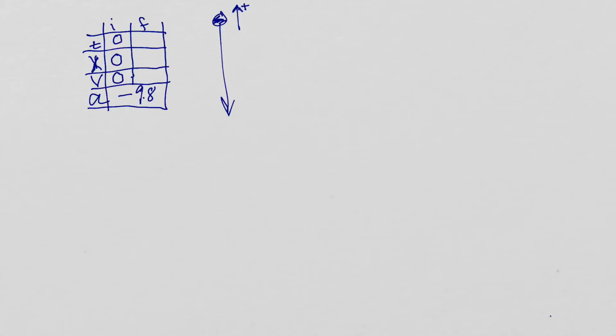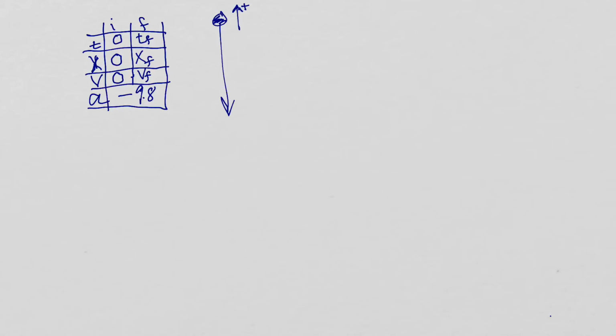Let's say I want to find out where everything is in a certain time. Well, I'm going to have three variables that I don't know: the final time, the final position, and the final velocity. Generally speaking, I really do know some of these items in order to do the problem.